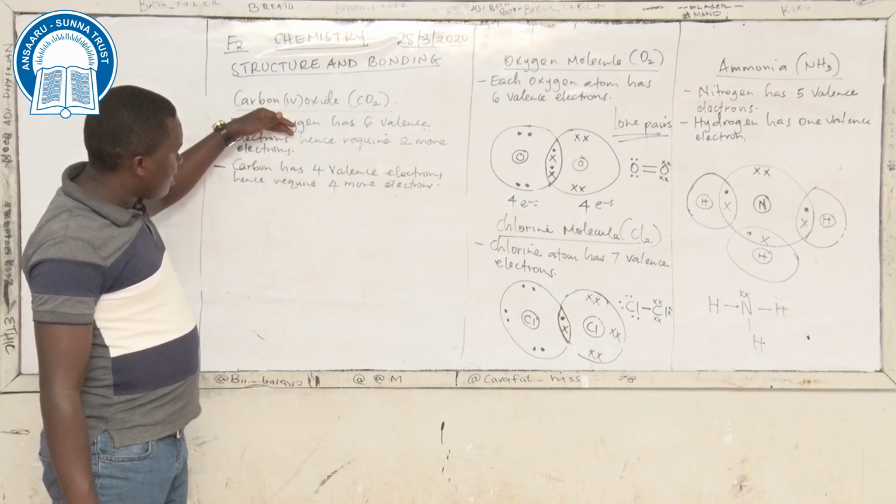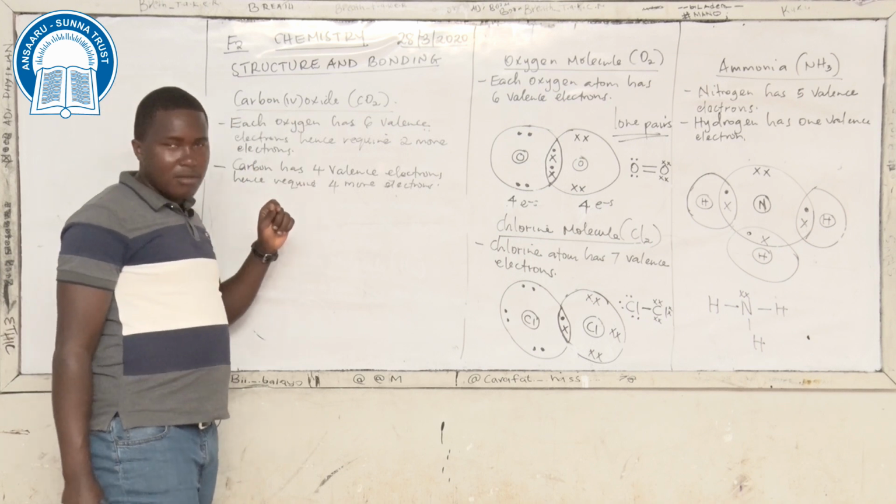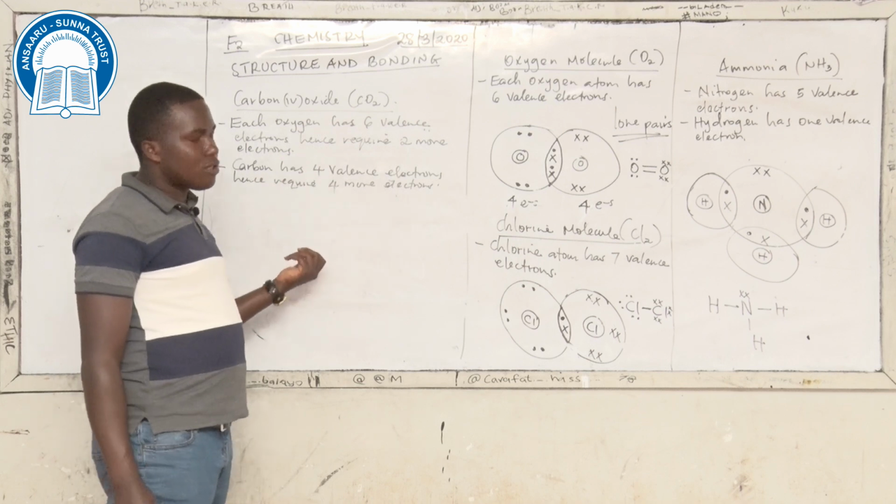Then for oxygen to become stable, it needs to form 2 covalent bonds, because the 2 covalent bonds will bring 2 more electrons for sharing.